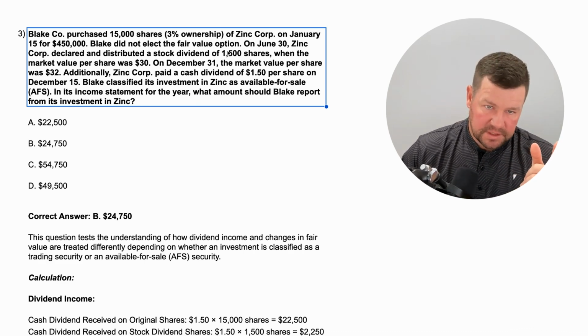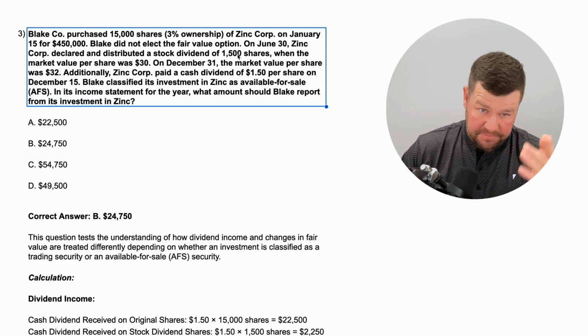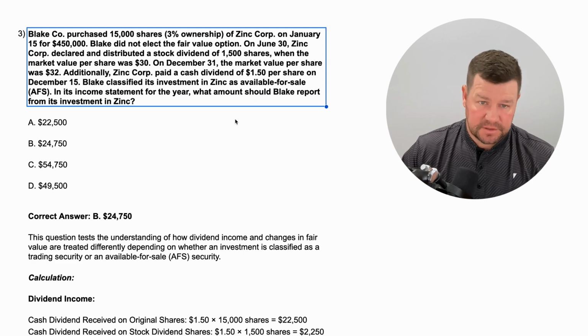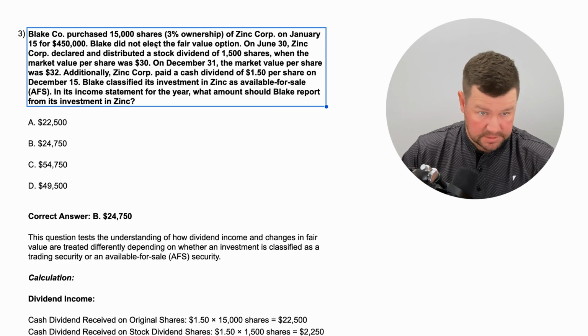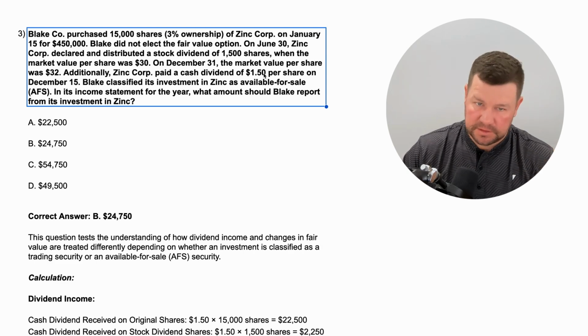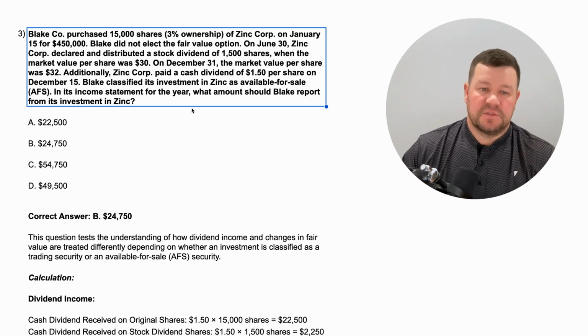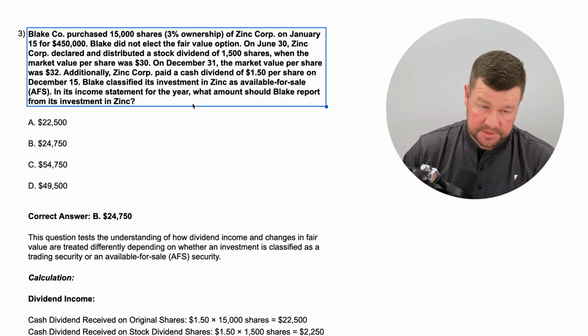But there was this little wrinkle here where they had 15,000 shares and then they got 1,500 more. So really the answer to this question is just the 16,500 shares times $1.50. And that's what they would be reporting in their income statement.